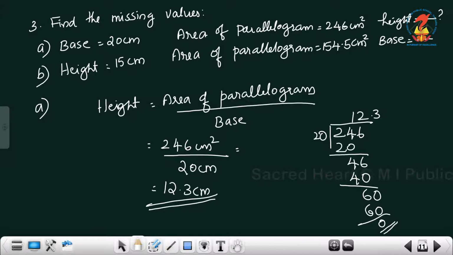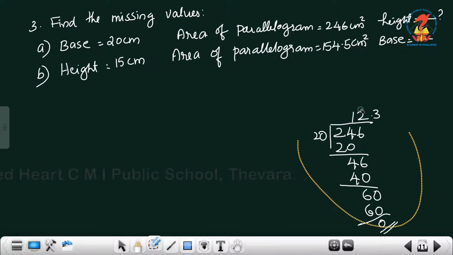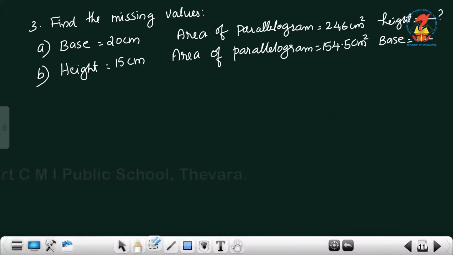Okay. Next, B, height equal to 15 centimeter, area of parallelogram equal to 154.5 centimeter square. We have to calculate its base. Okay. One more formula is also there. You can write it. What?